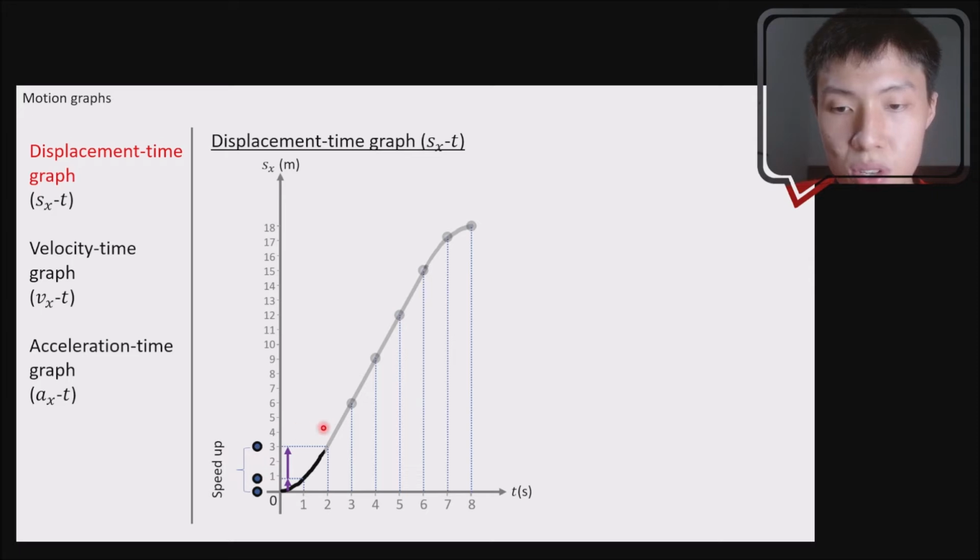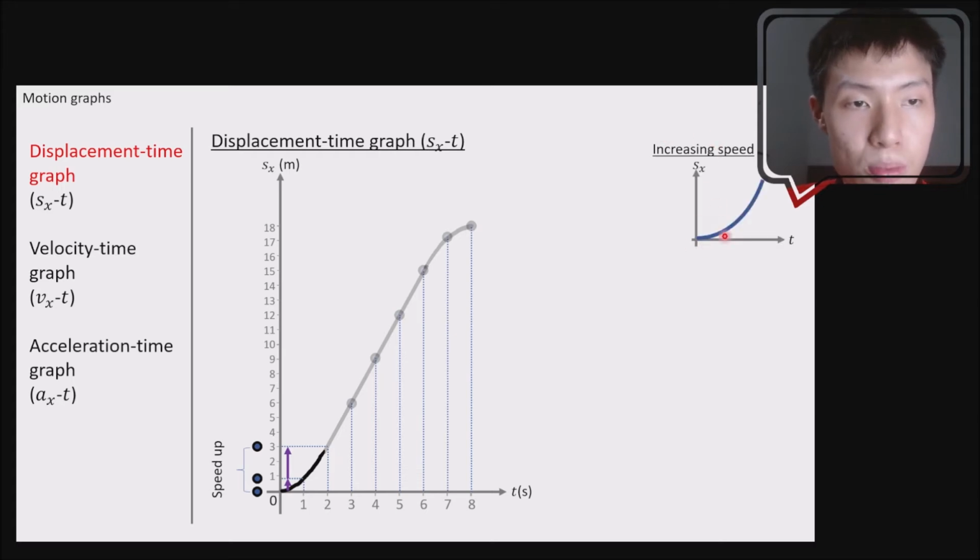In that case, we know that the shape of a displacement time graph where the object is speeding up should look like this. For increasing speed, our graph should look something like this, curving upwards. So if we see a displacement time graph that curves upwards, we know that the speed is increasing.